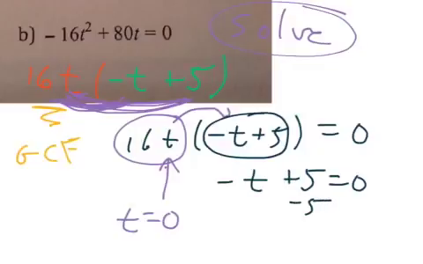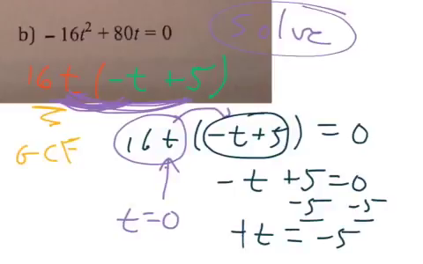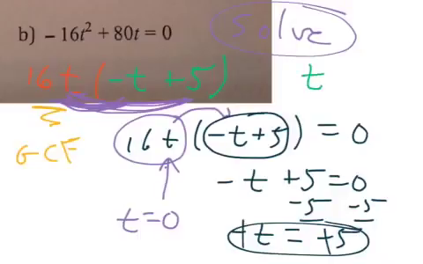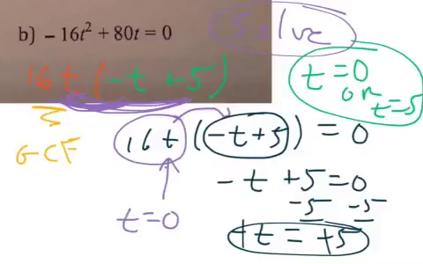I could go ahead and minus 5 both sides, and negative t will equal negative 5. And once I divide by a negative, isn't t equal to 5? So in conclusion, I now know that, follow the green to the right here, t could be 0 or t could equal positive 5. Again, pause the video, guys, and make sure you understand that.